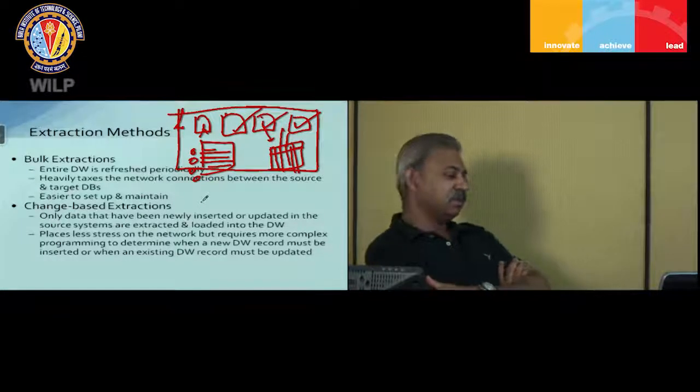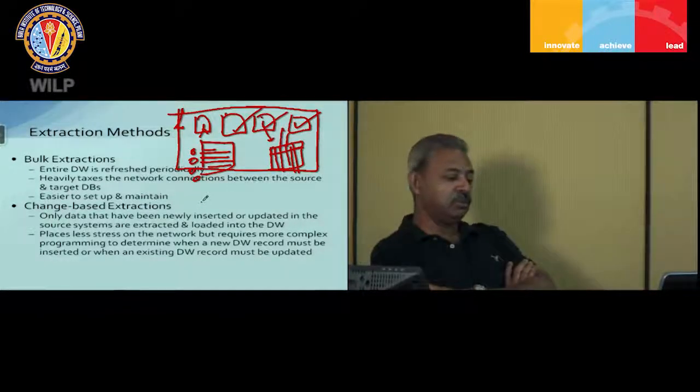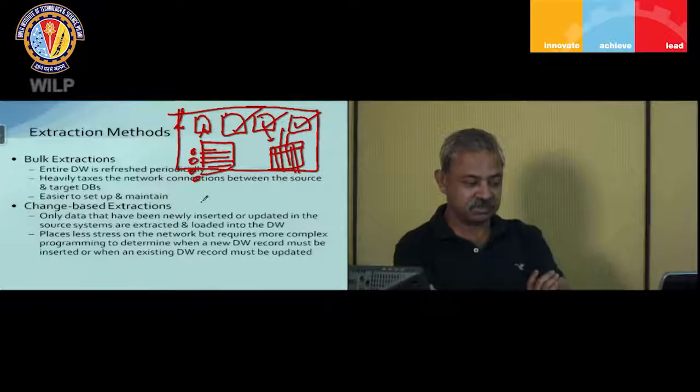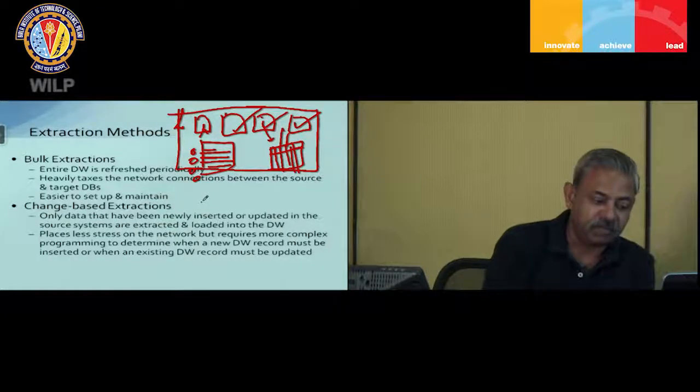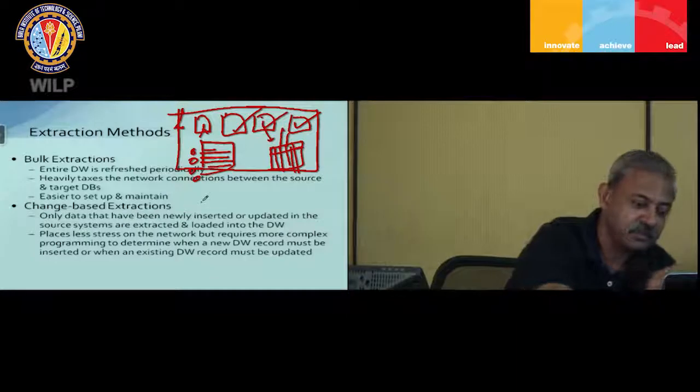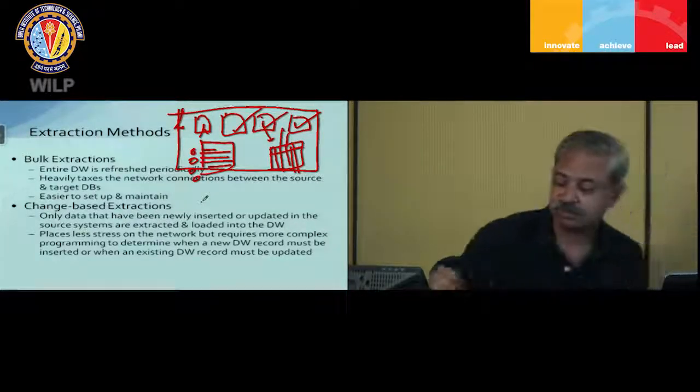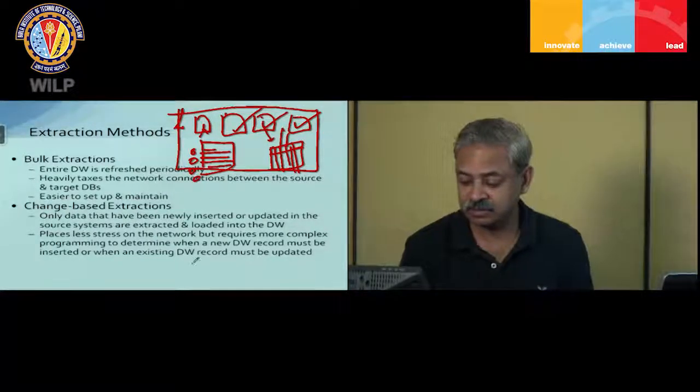Change-based extractions: only data that have been newly inserted or updated in the source systems are extracted and loaded into the data warehouse. So here, say I did my refresh today, and say I'm here.